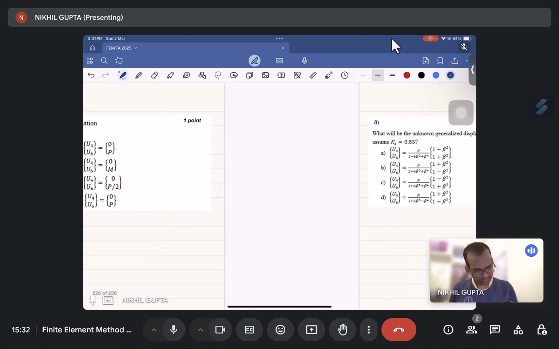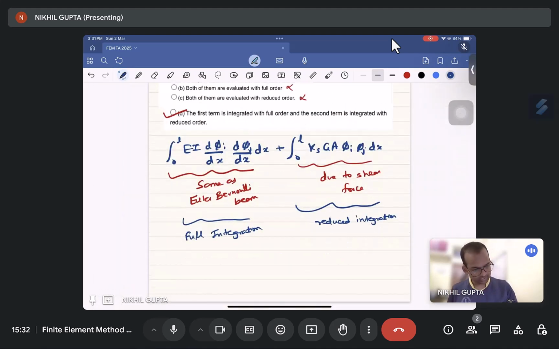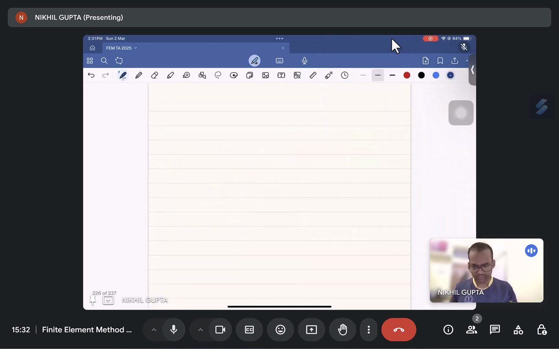One more thing I can discuss about full integration and reduced integration. Let's say we have a polynomial of degree 3.